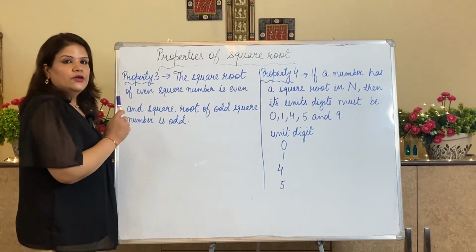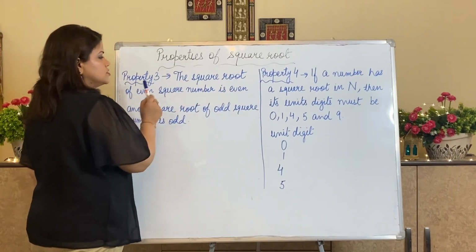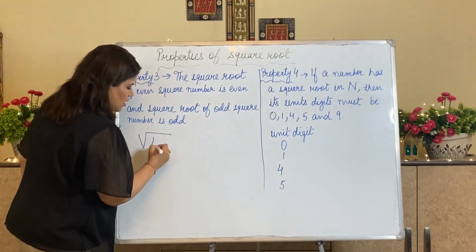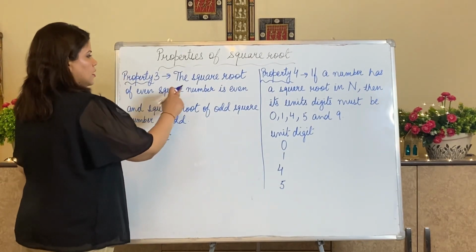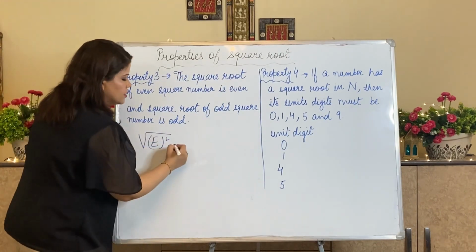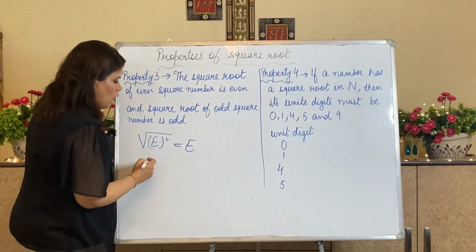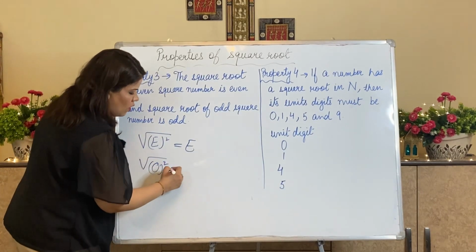If I have an even number, then the square root of an even square number, that means if I have an even square number, is even, the answer will be also even. And the square root of odd square number is odd.